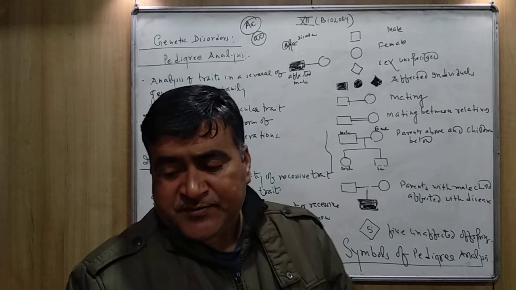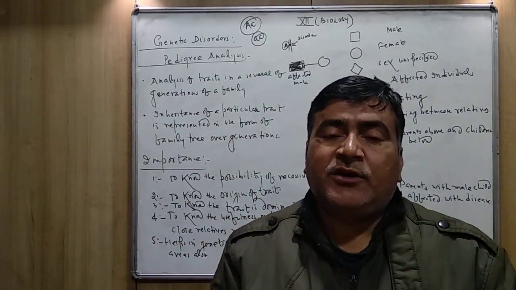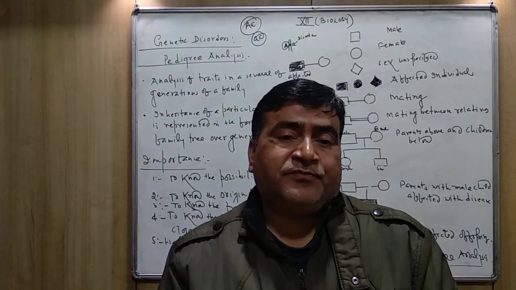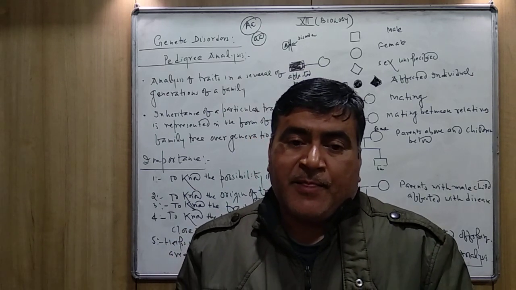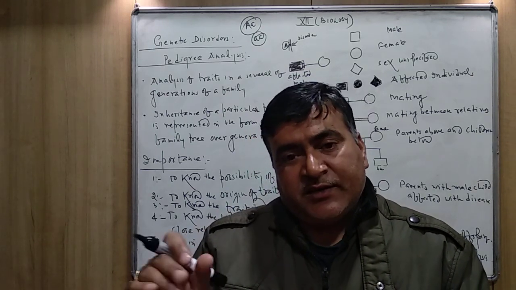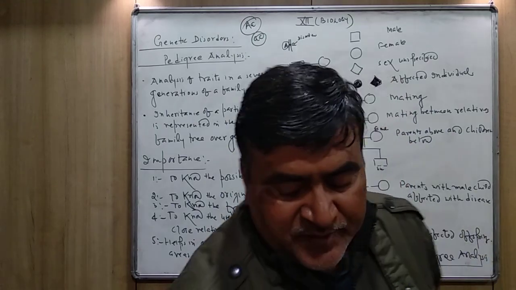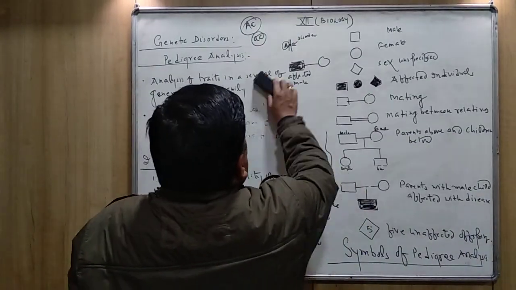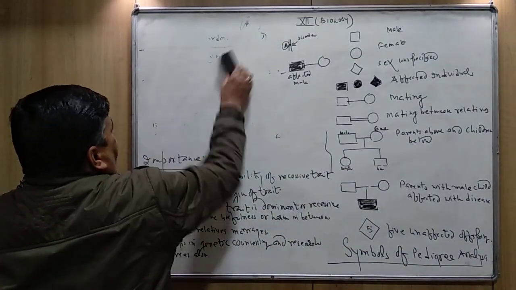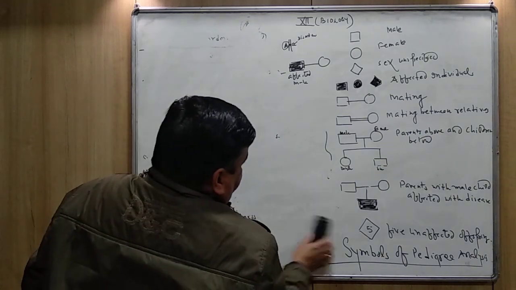So these are the symbols which are used to make the pedigree chart. Now I am going to make here a very simple pedigree.